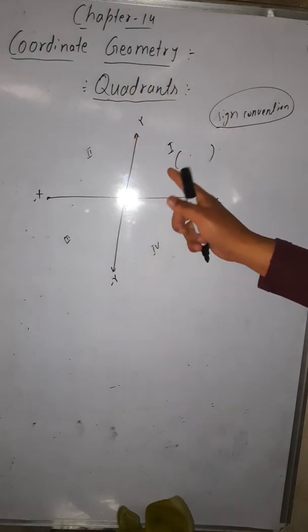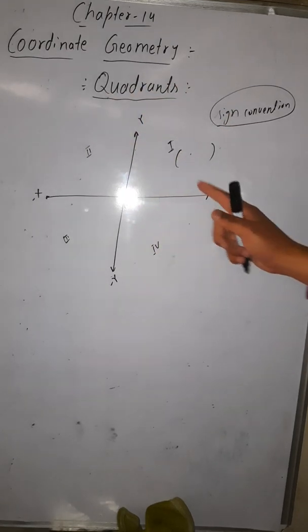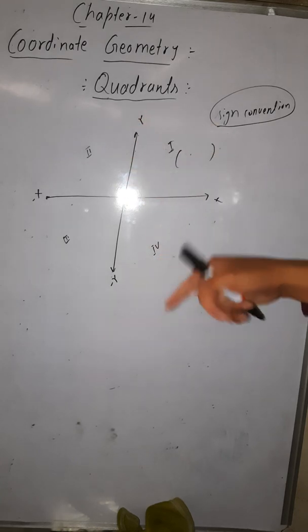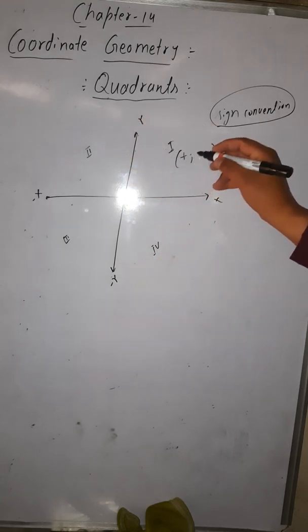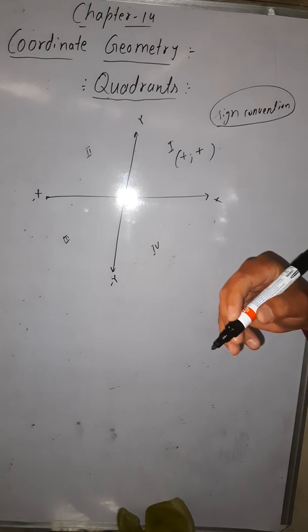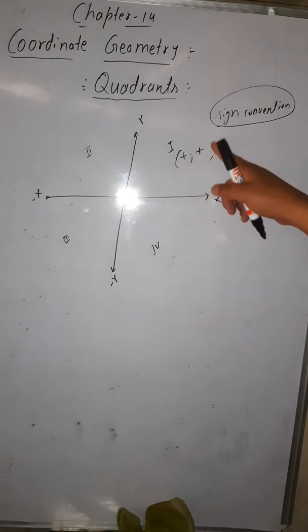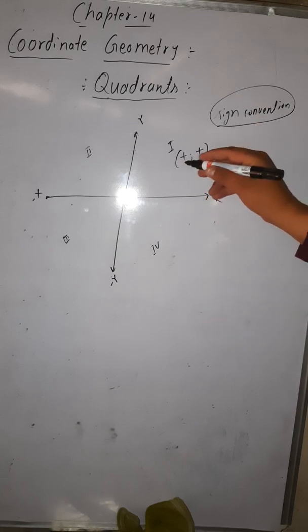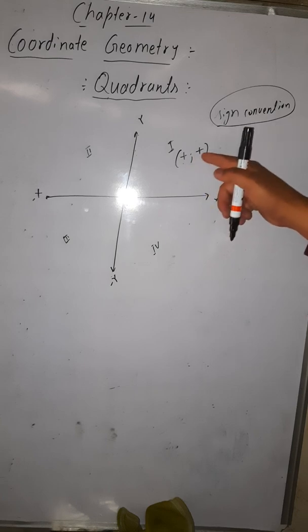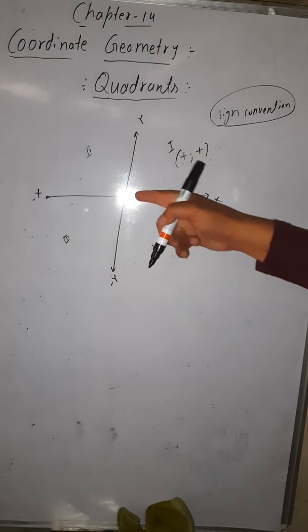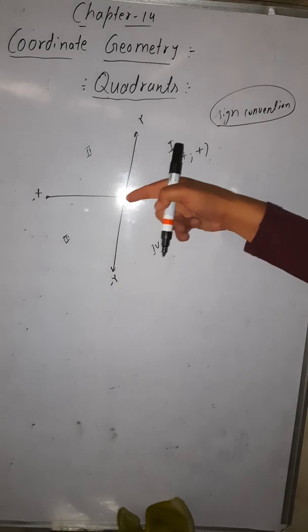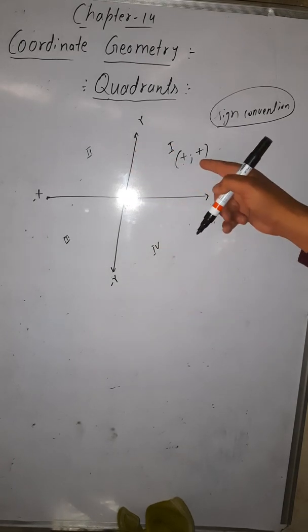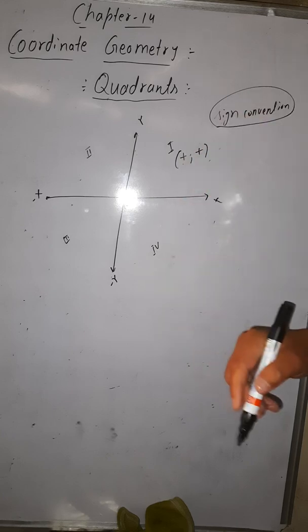You can see in the first quadrant, x is positive and y is also positive. So x coordinate will be positive and y coordinate will be positive. So both the coordinates, x as well as y, means abscissa and ordinate, both will be positive in the first quadrant. Why? Because this first quadrant lies in the positive direction of x-axis and positive direction of y-axis. So x and y coordinates both will be positive here.